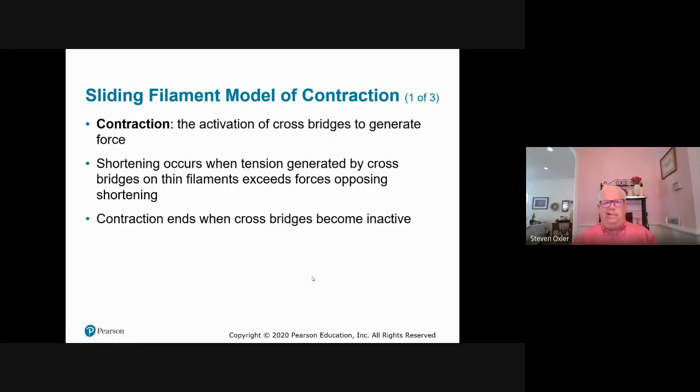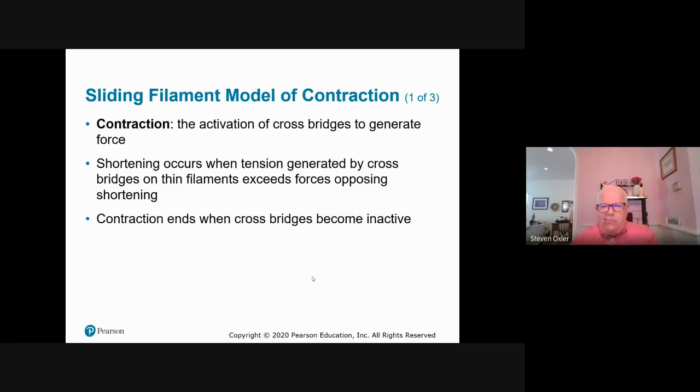So how does a muscle contract? Well, there is a theory, a sliding filament theory of contraction. The word contraction means that there is activation of cross bridges.